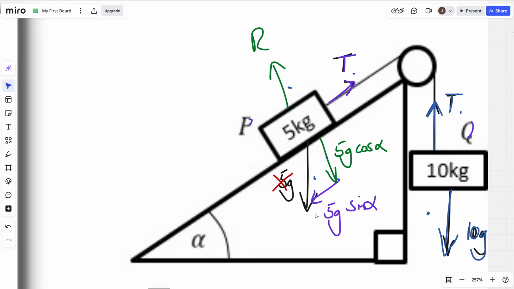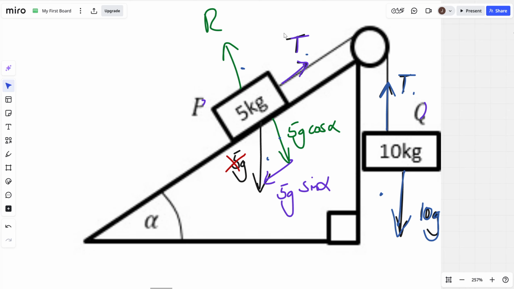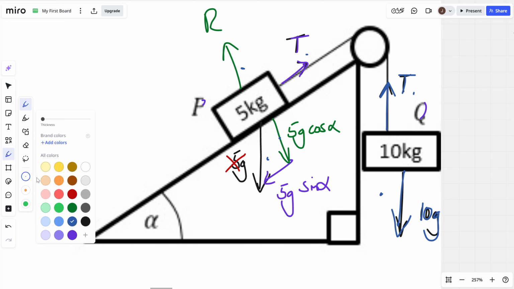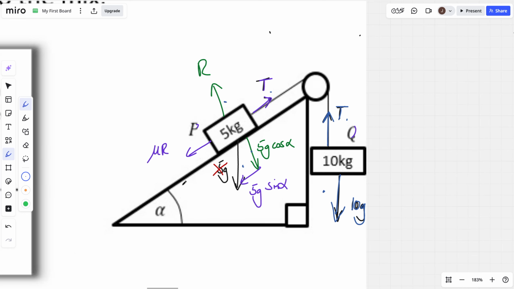So you've got 3G fighting against it. And then you've got 10G pulling the whole system down and over here. So it's safe to say, although definitely not obvious, I would say this was quite a hard one to know how to draw the friction, that mu R should be going that way.